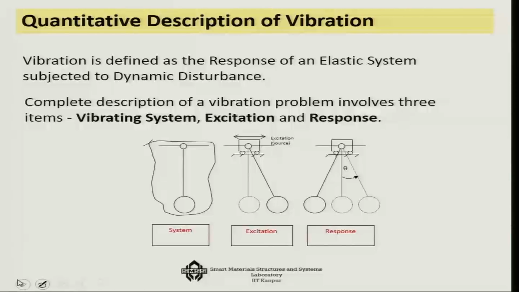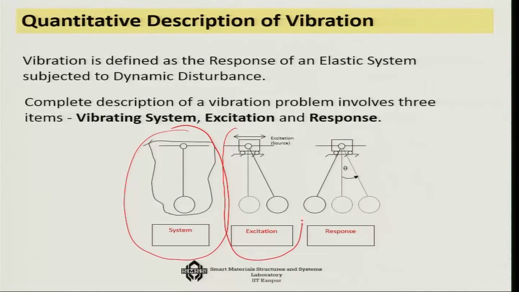So, there are 3 things that are important in any vibrating system, that is the system itself. I have shown it through this analogy: the vibrating system itself, the excitation of the system, as you can see here, this is the system which is undergoing an excitation due to base excitation, and the response of the system.